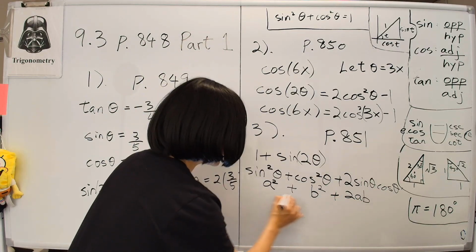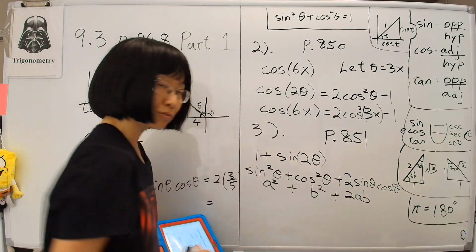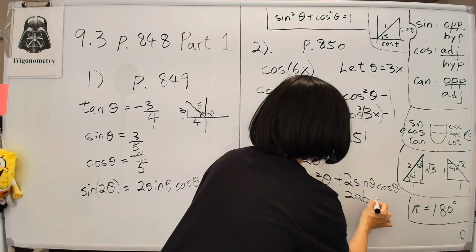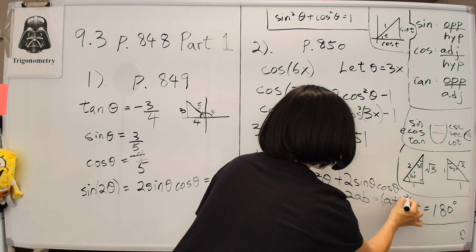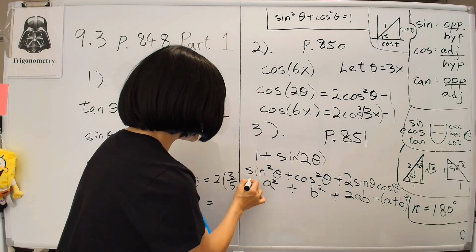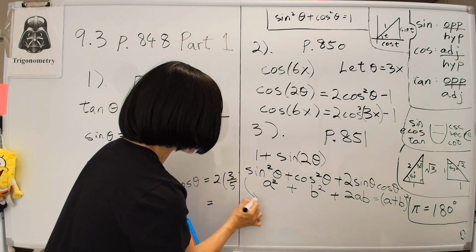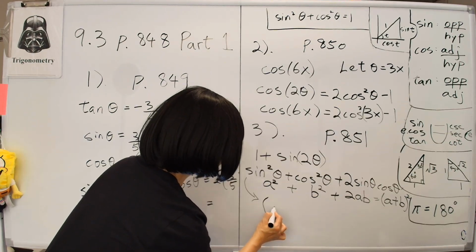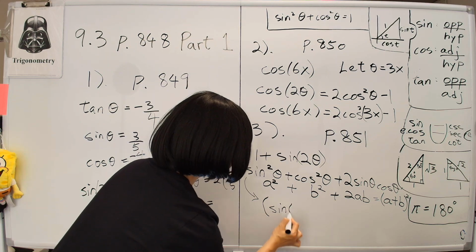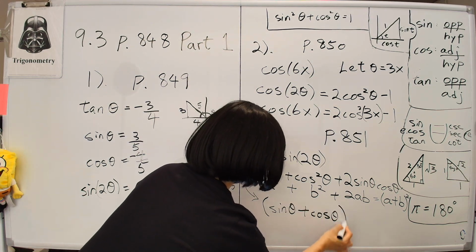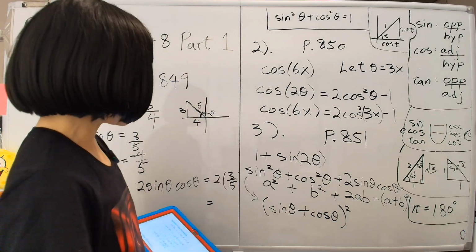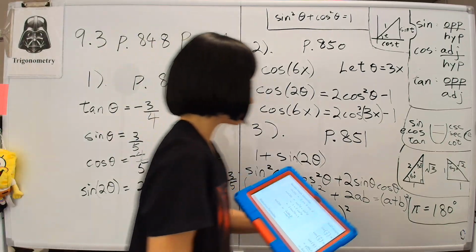This is simply equal to a plus b squared. So that's what we're going to write down: the original thing we have here is equal to sine theta plus cosine theta squared. And I think that is the answer we're looking for.